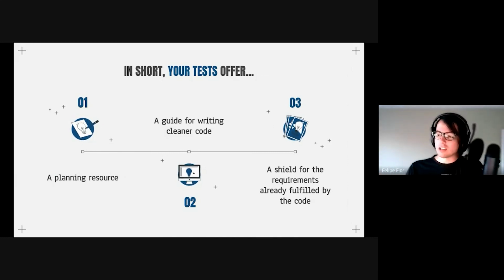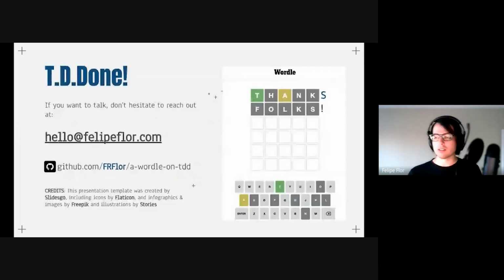But those tests are now acting as guardians of those requirements that they helped implement. So someone coming into this code base months in the future, those tests are going to be protecting those features from being broken by any future implementations. Okay, and that's it.